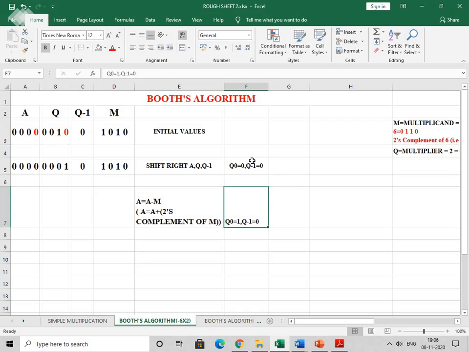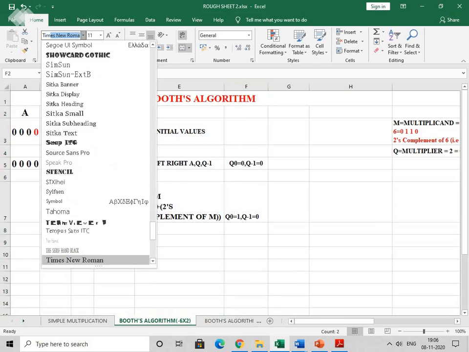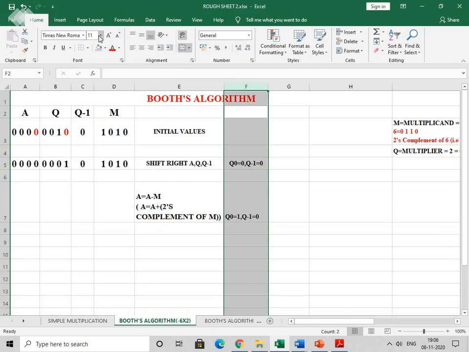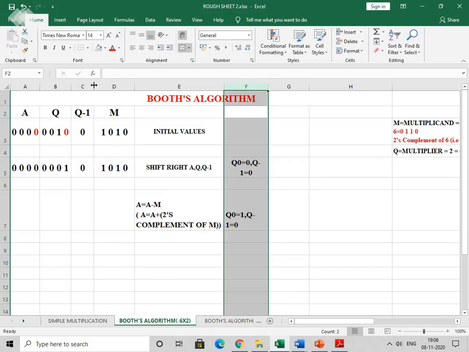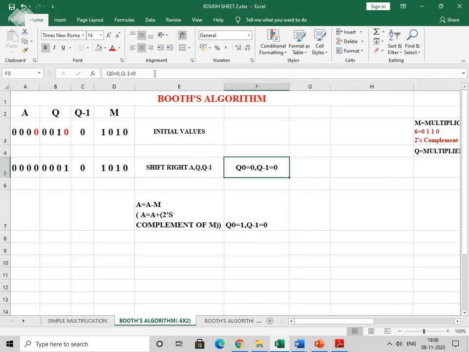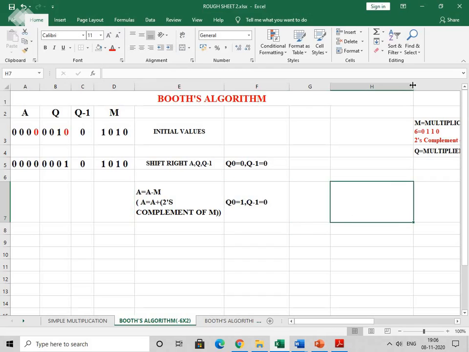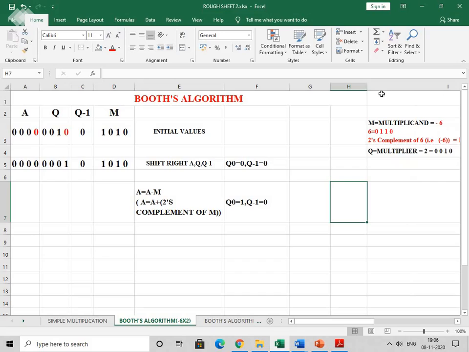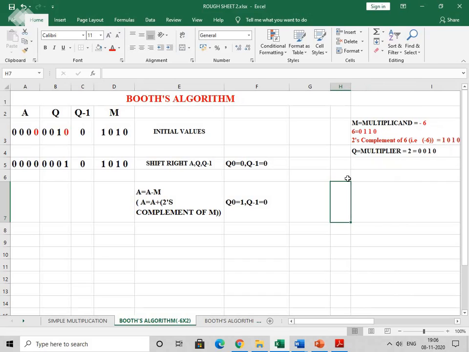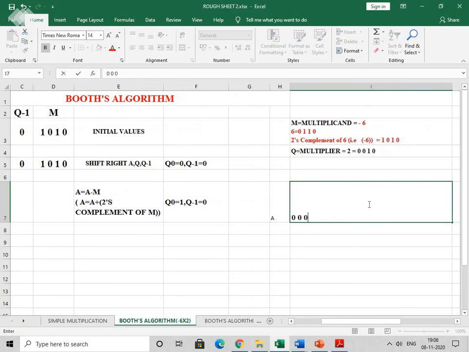Now, what is the current content of A here? A is equal to 0000, right?